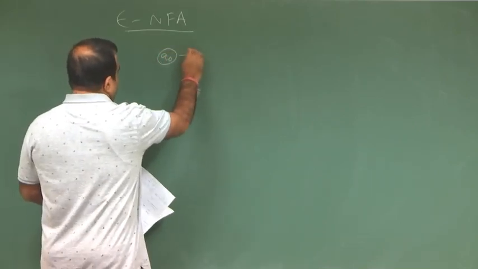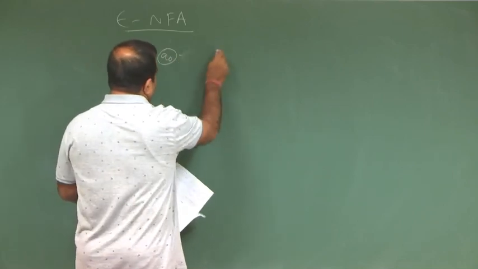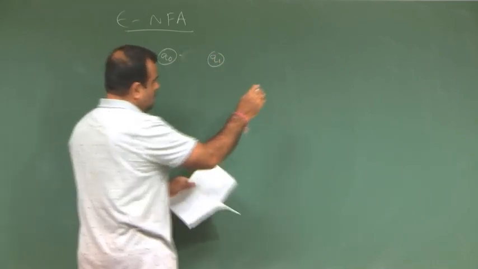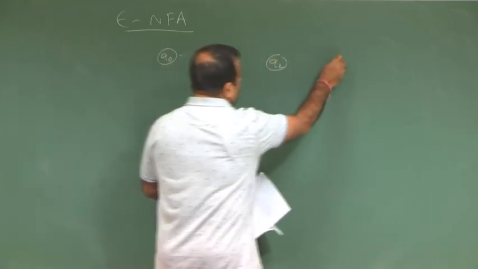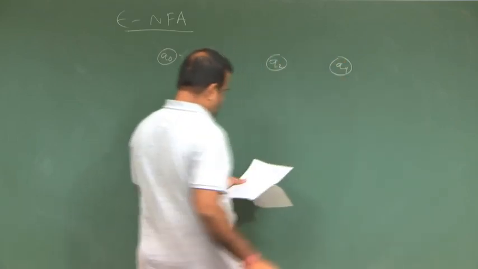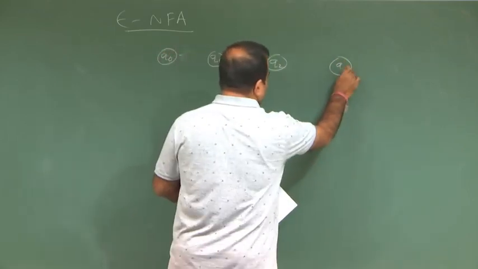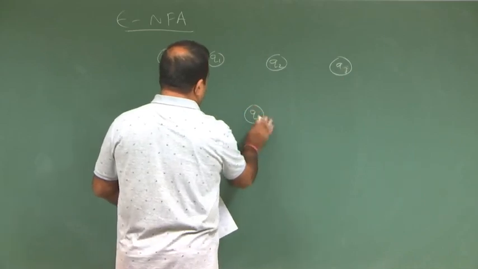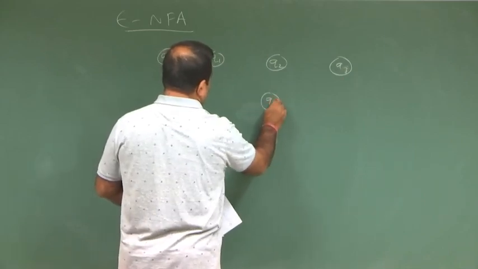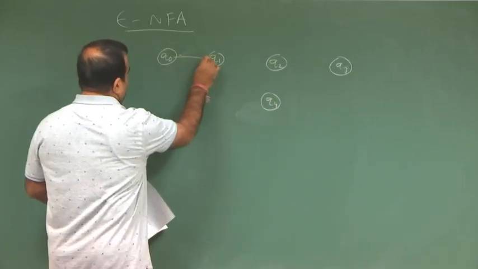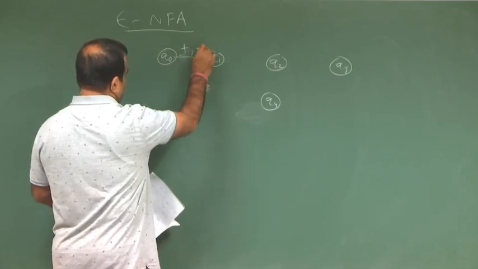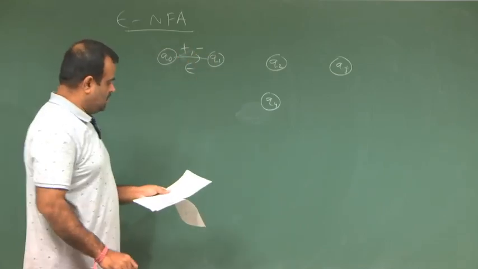We have q 0, let me just draw it again, q 1, q 2, q 3, and q 4 somewhere here. So, we have moves plus, minus and epsilon.